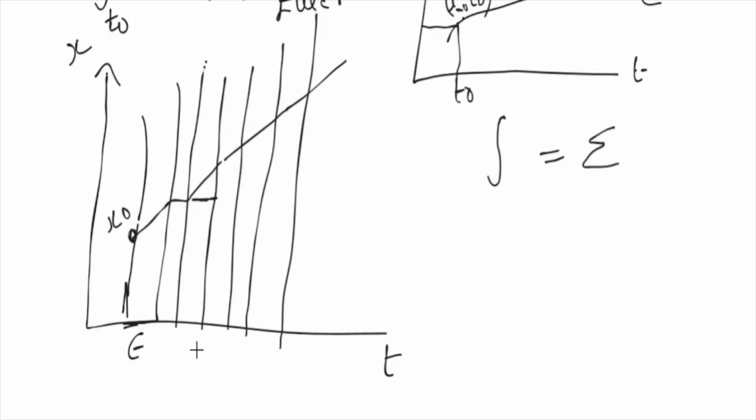Let's call this segment j. So if I take this point, then this is j minus 1, and this is j, and this is j plus 1. We have divided the time interval into segments, j.